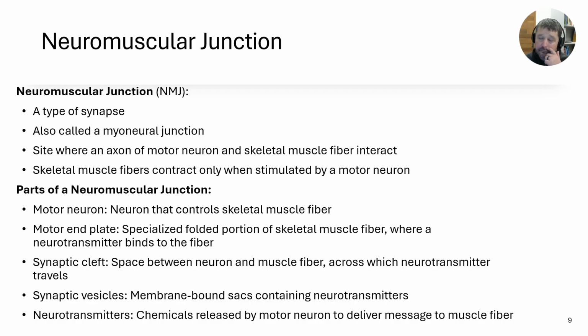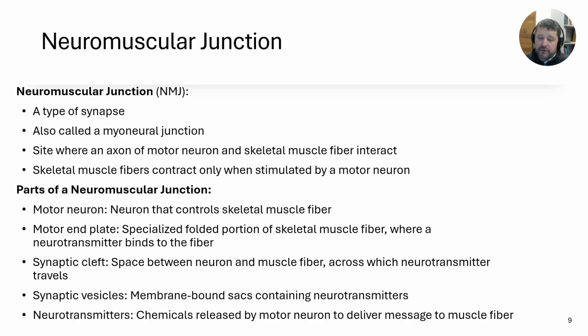Okay. Now that space in between, that area in between, is called the synaptic cleft. Okay? And so you have a neuron, a muscle, and the space in between. That space is where the neurotransmitter travels. So it travels out of the neuron, across the space, and interacts with the receptors on the motor end plate.